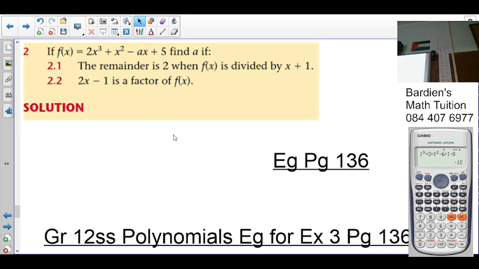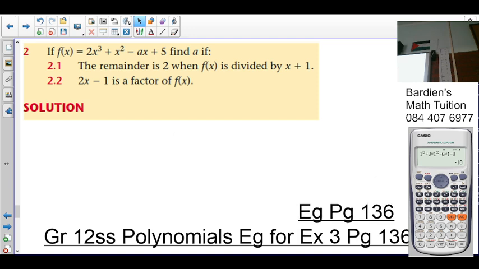What you notice now is we have a variable in that polynomial, a. Can you see that? They say find a if the remainder is 2 when f of x is divided by x plus 1. Okay? So let's start there. The remainder is 2 when f of x is divided by x plus 1.